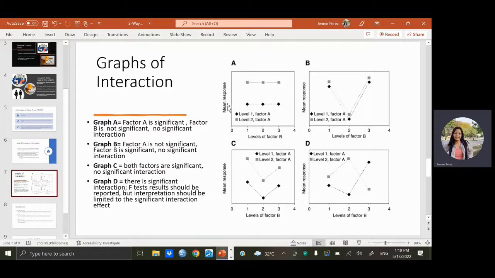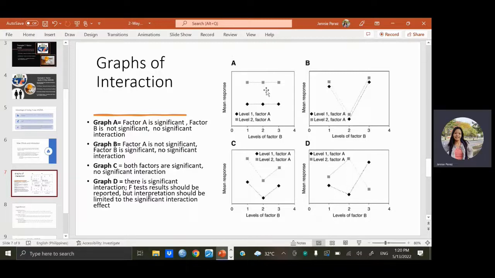So if you will plot on the y-axis the scores on the dependent variable, ito yung mean response, and these are the conditions of factor B. And ito naman yung dalawang lines here, the two lines here represent the conditions of factor A.